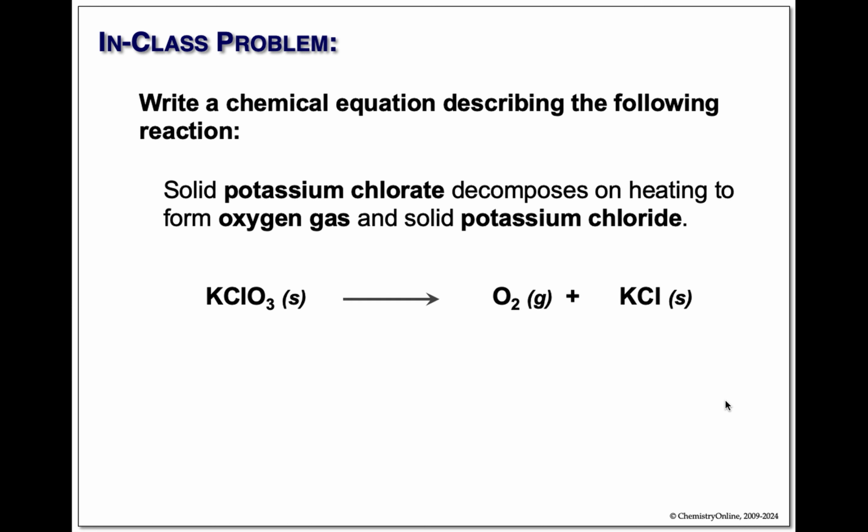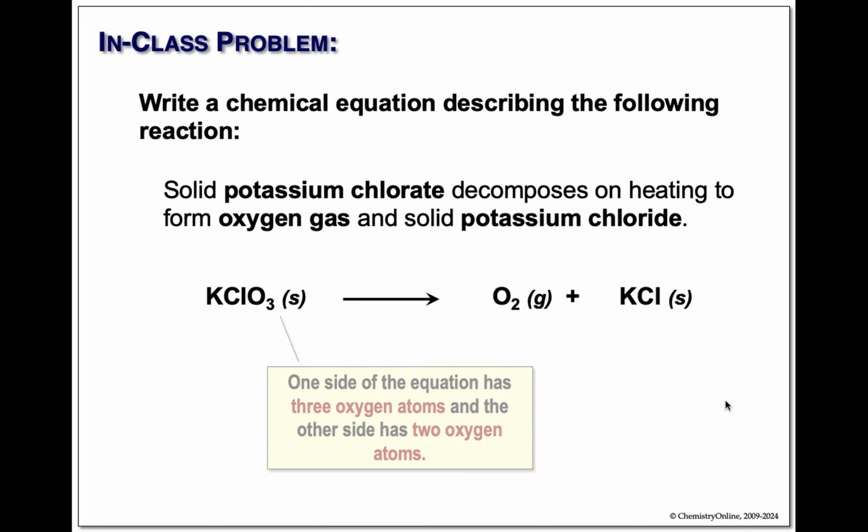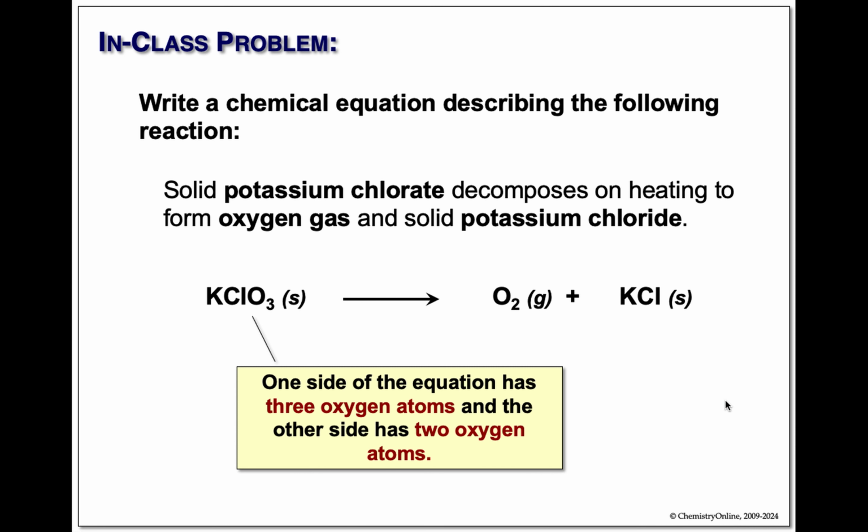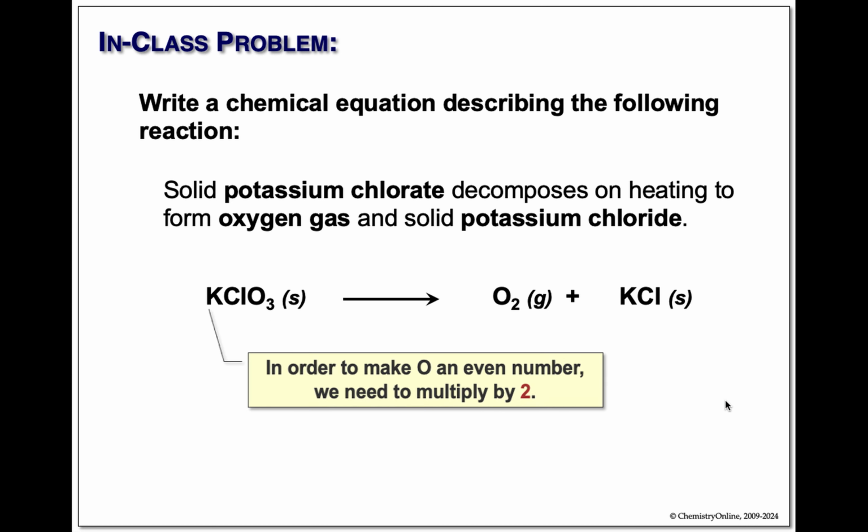Now, as we look at this equation, again, it's not balanced. We have 3 oxygens, we only have 2. Let's make it even first by sticking in a 2 over here. Three oxygens and only 2. Let's put our 2 out here.